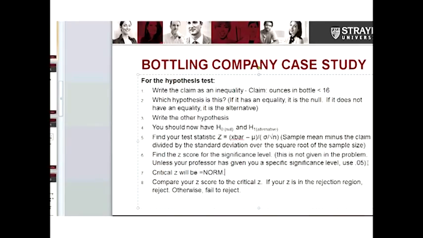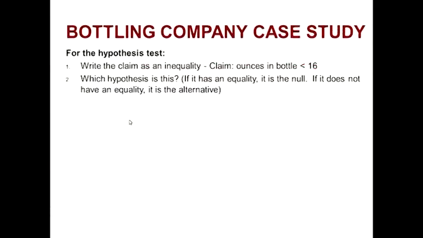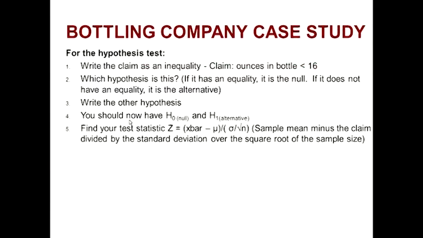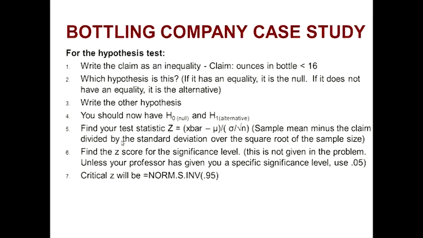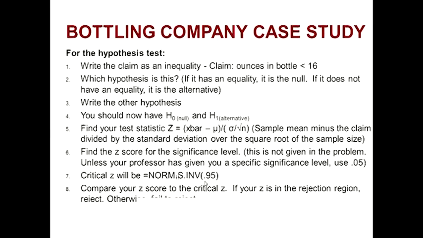norm.s.inv of 0.95. So that's going to give you your critical z value, where if alpha is 0.05, then we're using norm.s.inv of 0.95.